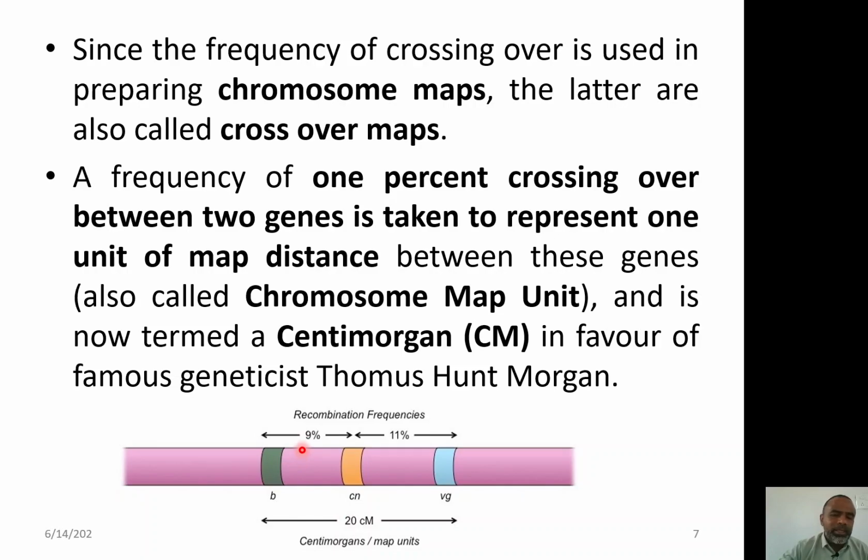And if there is a gene where 1% crossing over occurs, it will be placed very near, at a distance of 1 centimorgan, or 1 chromosome map unit. So, the chromosome map unit, or centimorgan, basically represents the percentage of crossing over. 1% means 1 map unit, 2% means 2 map units, 3% means 3 map units, and so on.